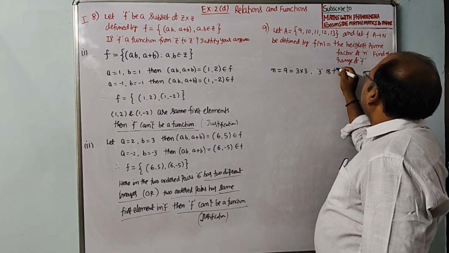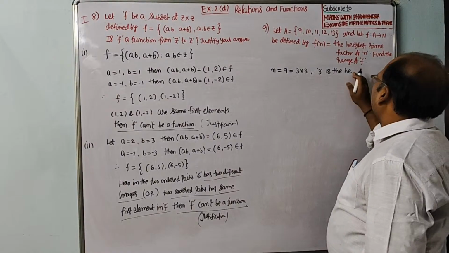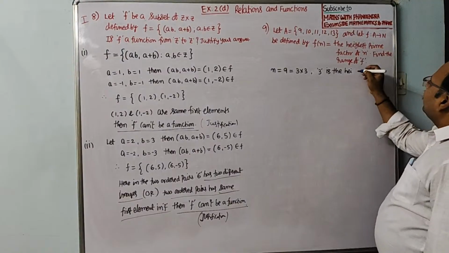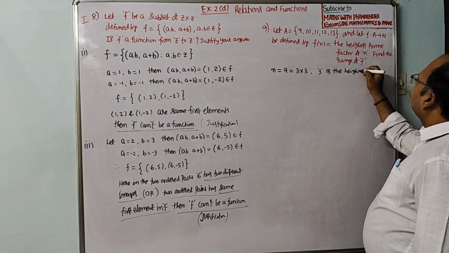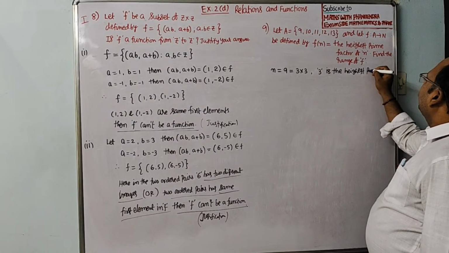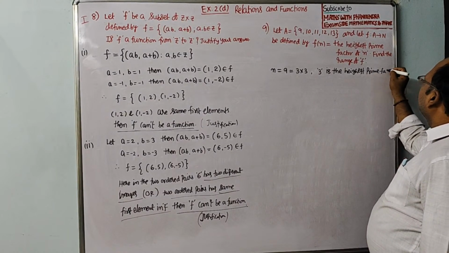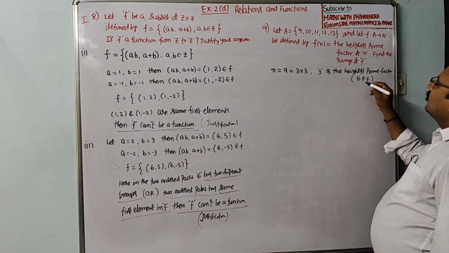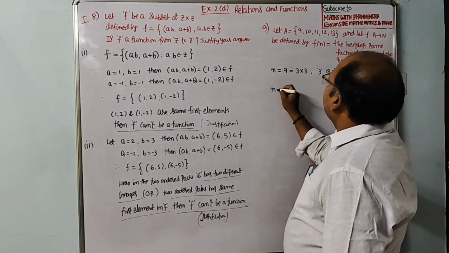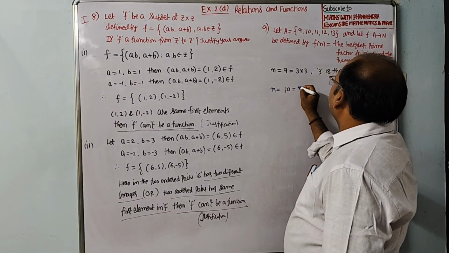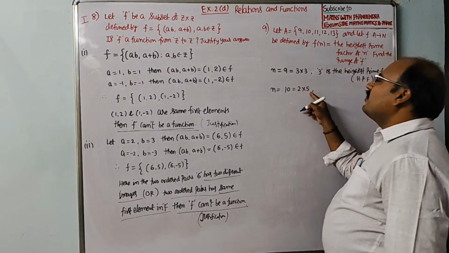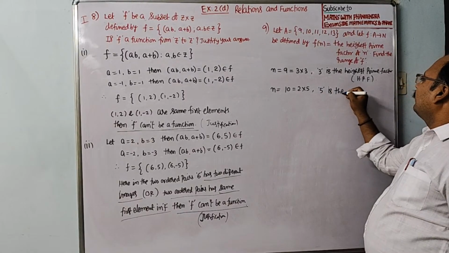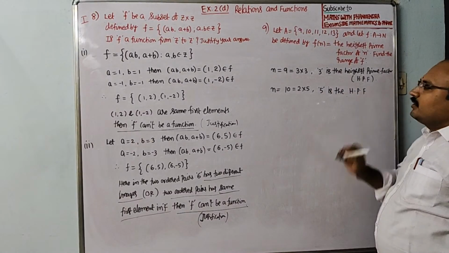N is equal to 10: if you take 2 into 5, both are prime factors, and the highest is 5.